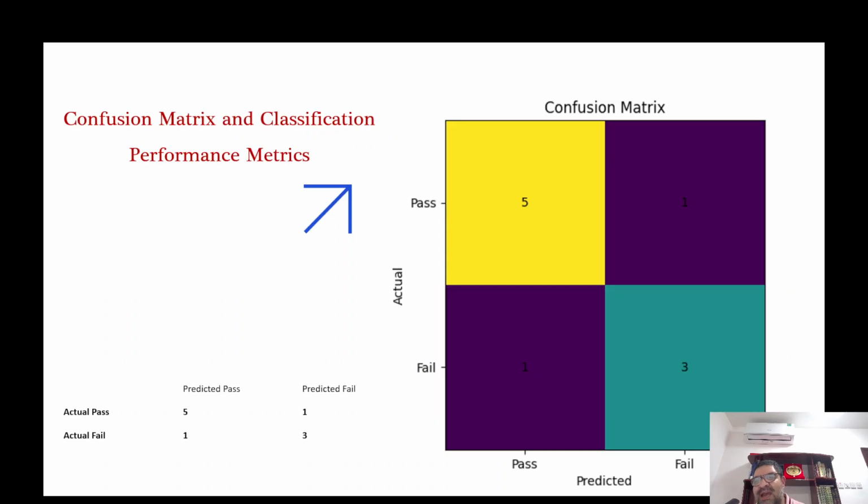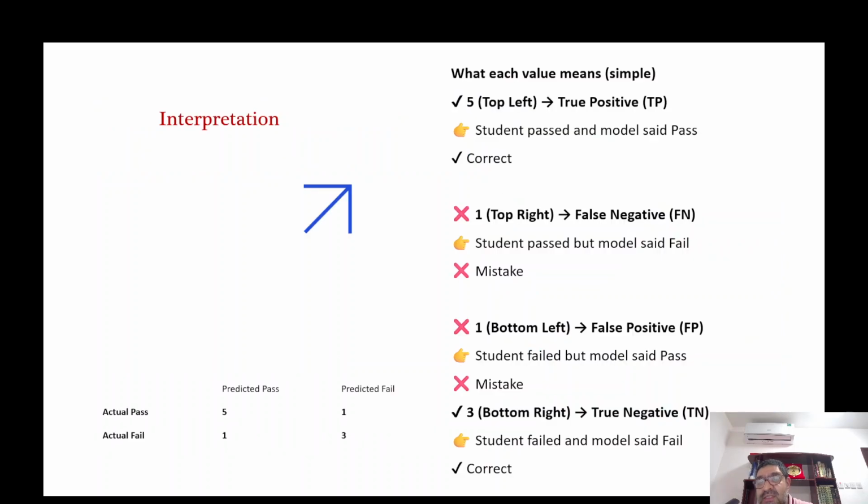That is the value you can find on this matrix on row 2, the bottom row, bottom left. The student is predicted as pass, but actually the student has failed. This is called a false positive.